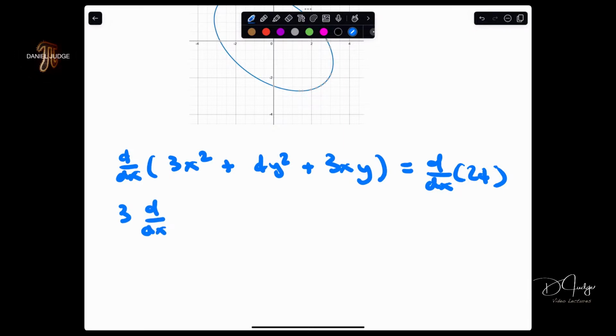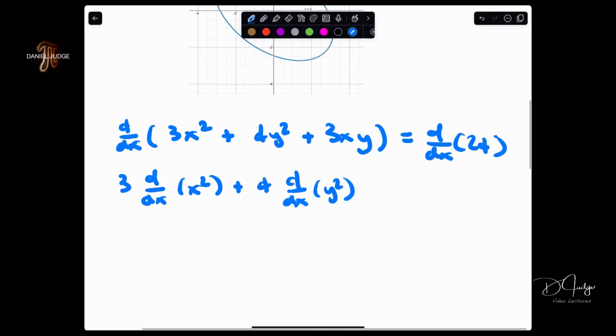Derivative of a sum is sum of derivatives. Derivative of a constant times a function is, pull out the constant. Now I'm going to differentiate the constant, so we know that's 0.